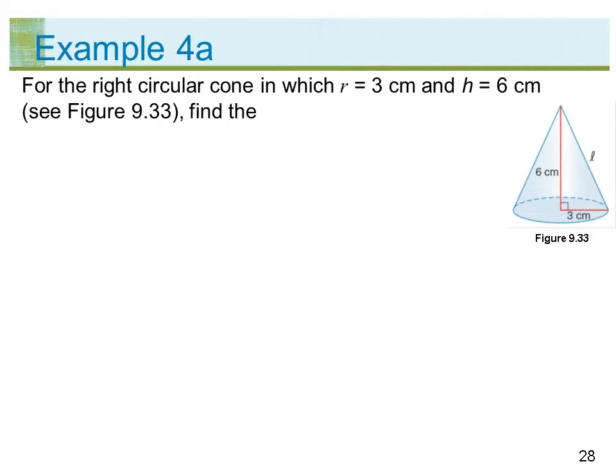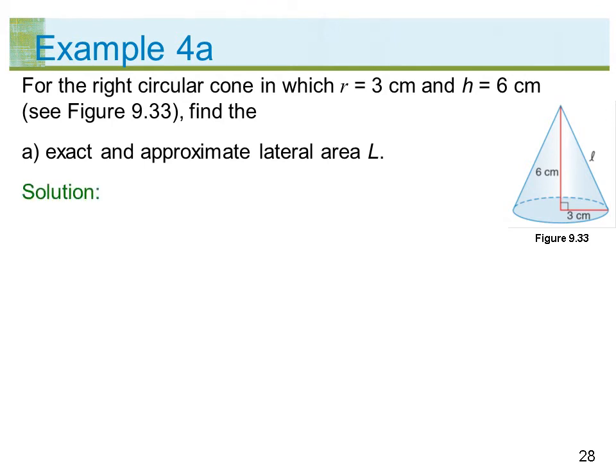For the right circular cone in which r = 3 centimeters and h = 6 centimeters, see figure 9.33, find A, the exact and approximate lateral area, L. Solution.